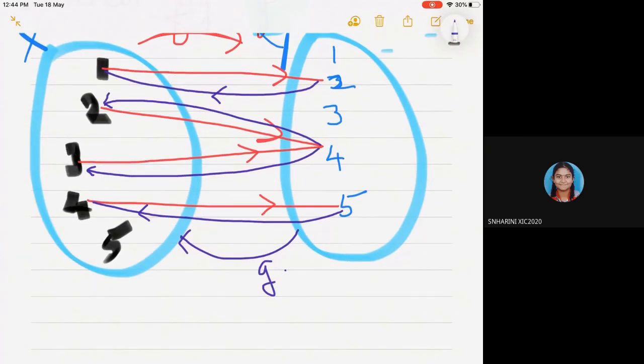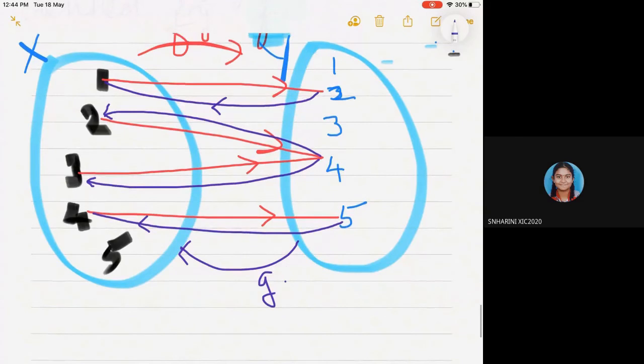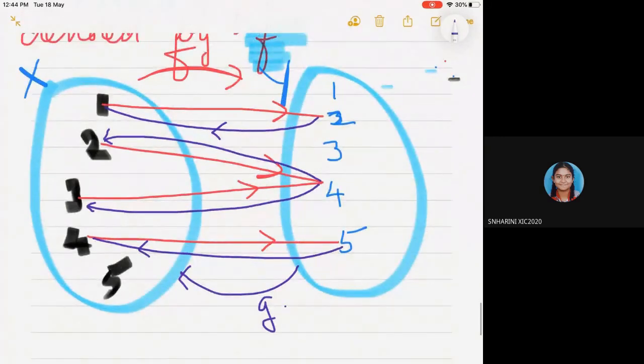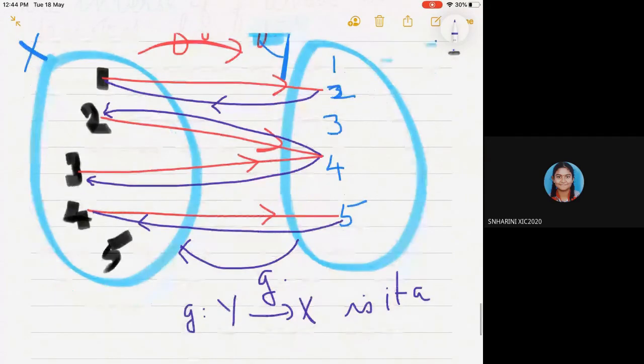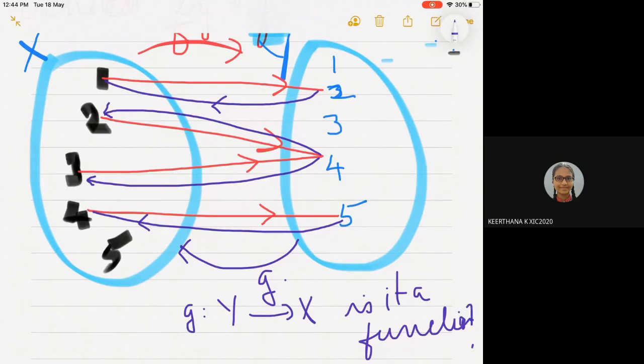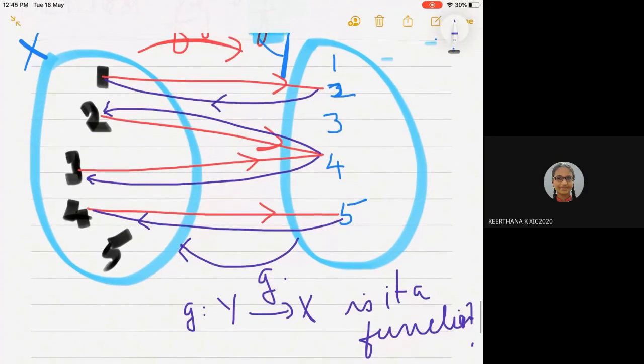Is this relation G, defined from y to x, a function or not? No, ma'am, because 4 has 2 images. Correct.